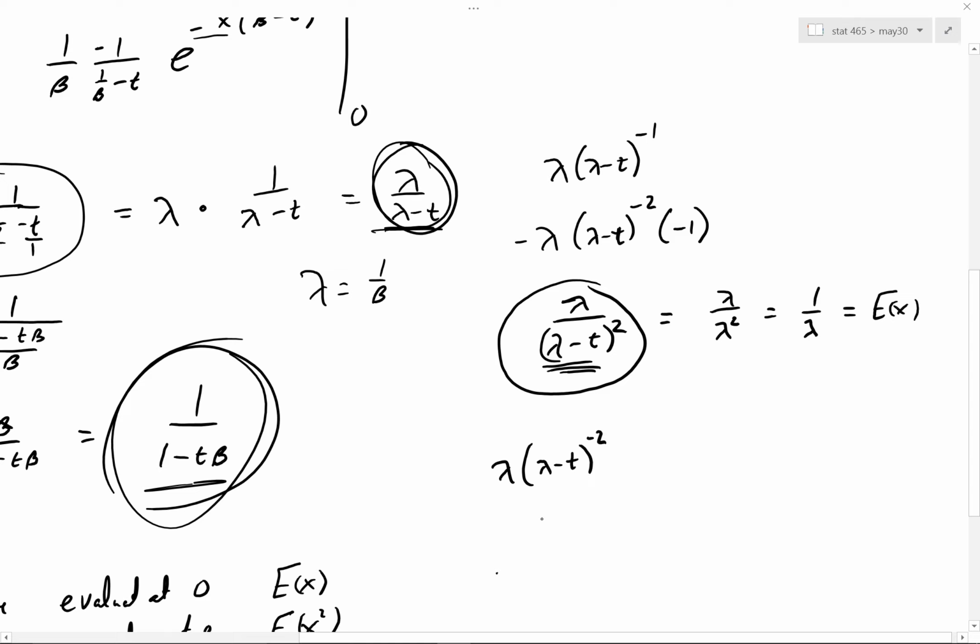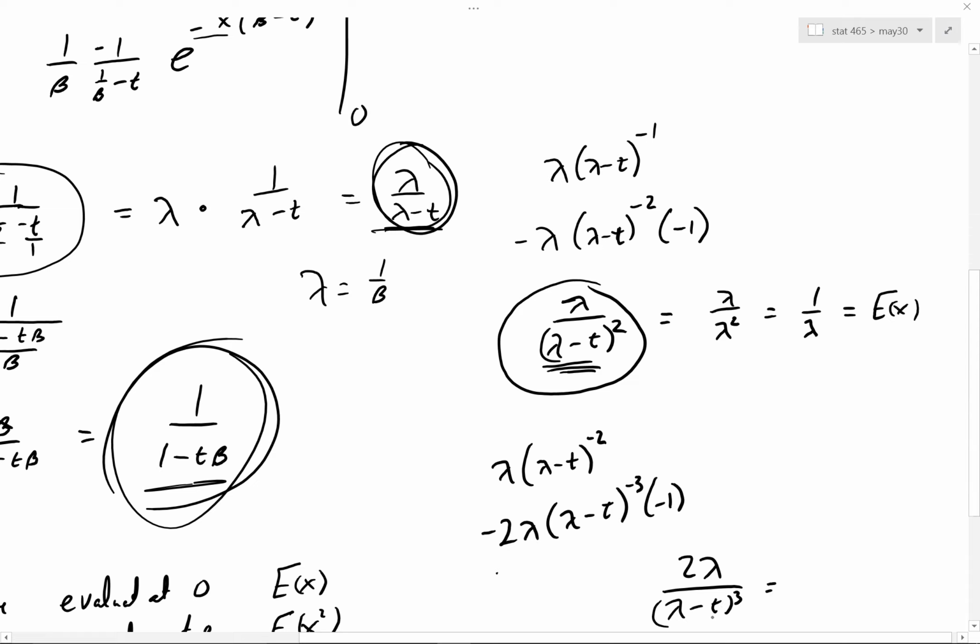Okay? And so, of course, negative 2 lambda minus t to the minus 3 times negative 1, which would be 2 lambda over lambda minus t to the third.